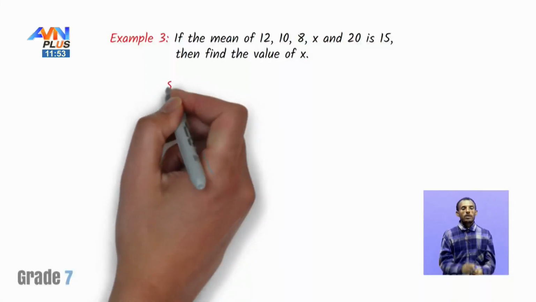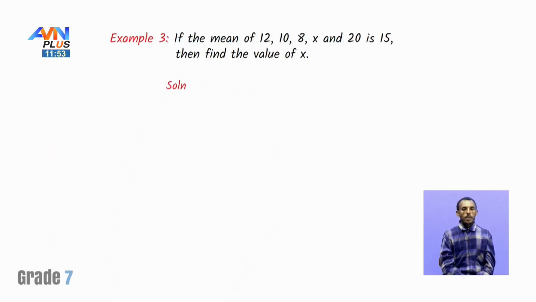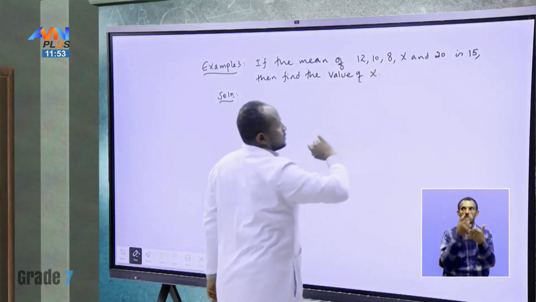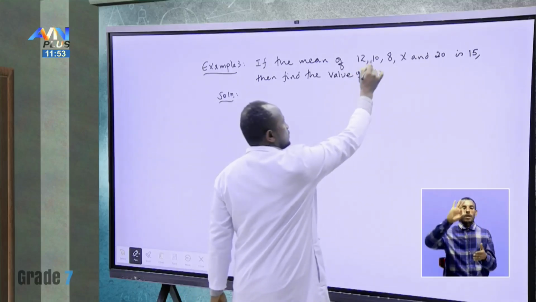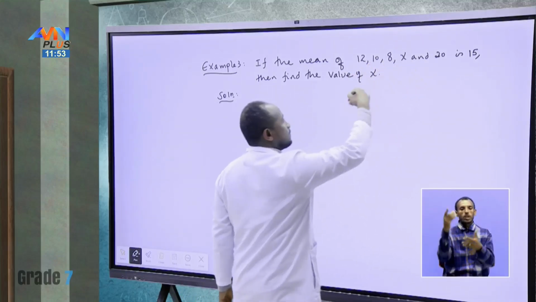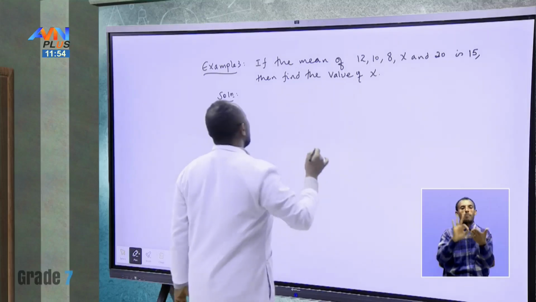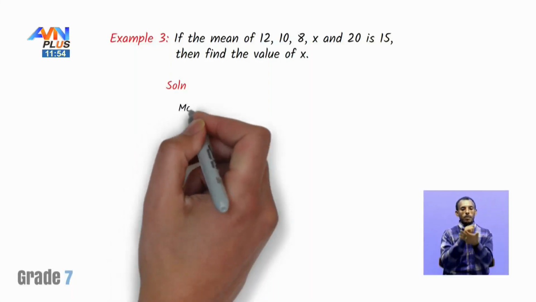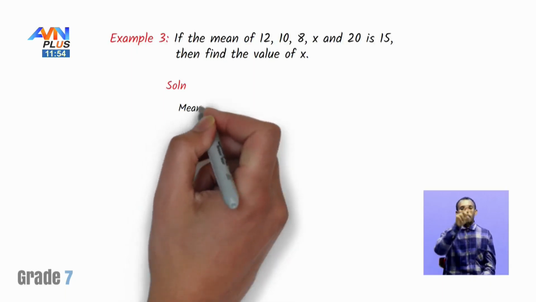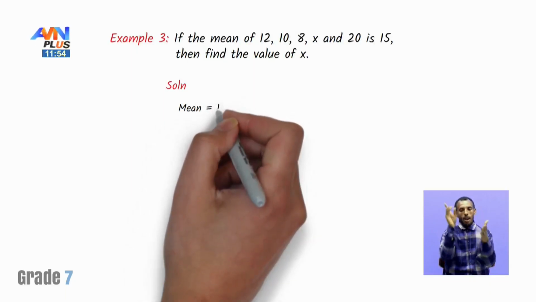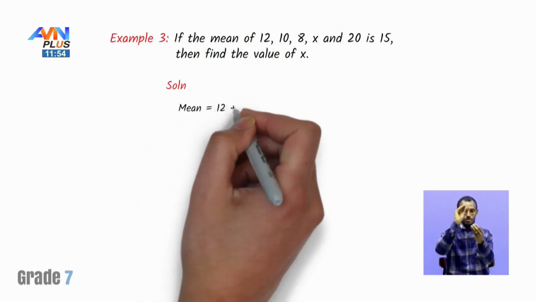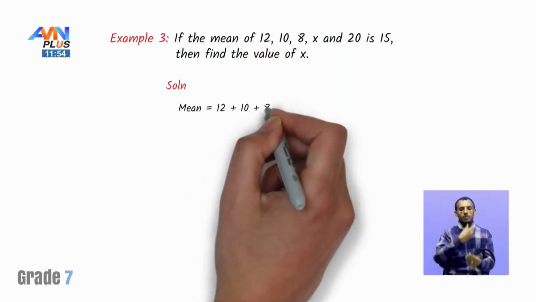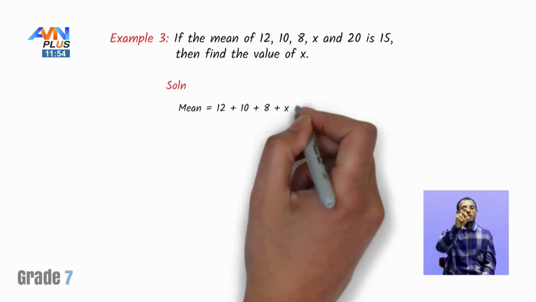Solution. Okay, the mean of this data set is obtained by adding each data and you divide by the number of data. So mean, or x bar, is equal to, you add this data set 12 plus 10 plus 8 plus x plus 20.